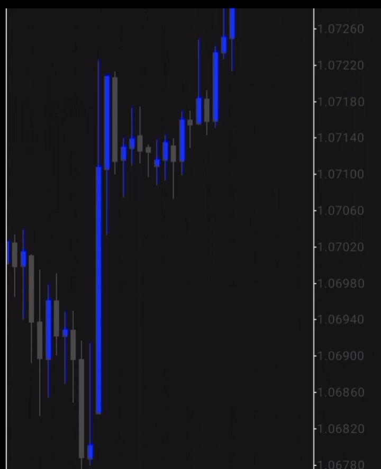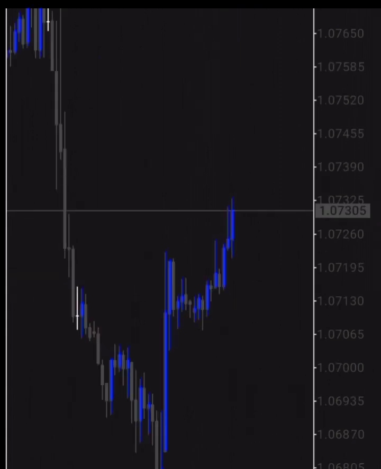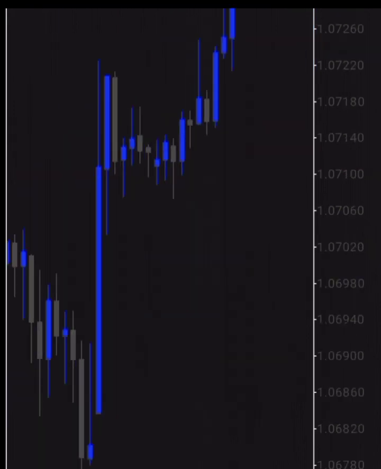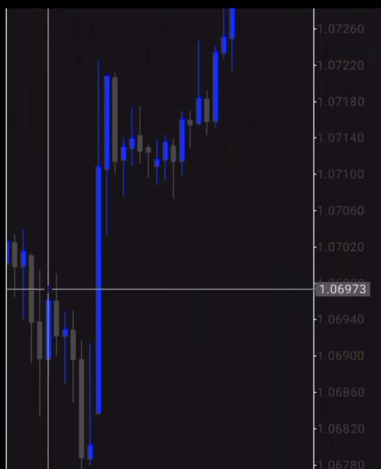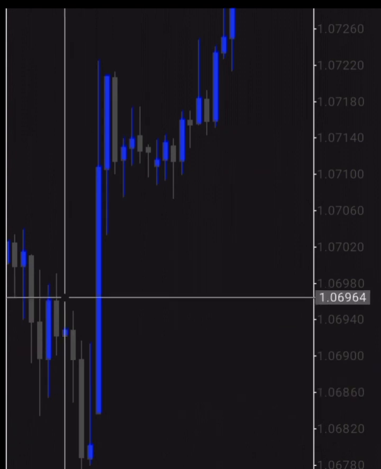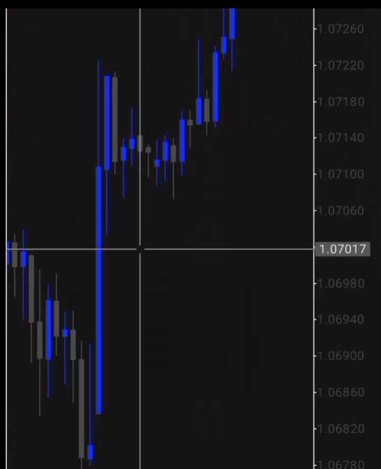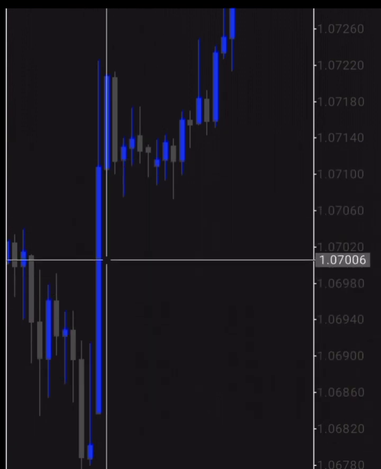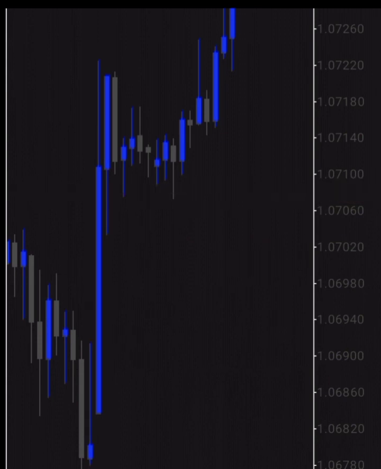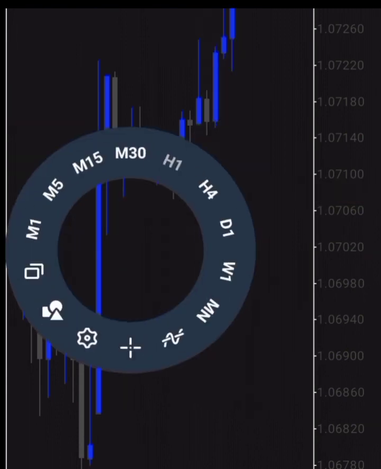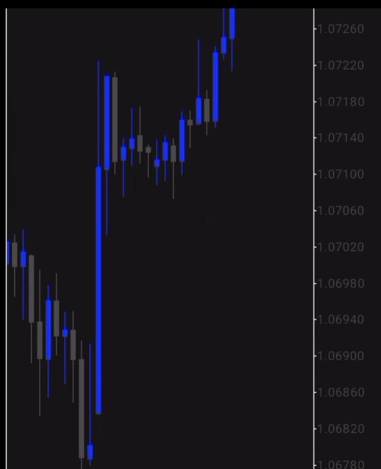What an imbalance is, it is a space in the market, an aggressive move in one particular direction. So think of this space in the market as liquidity.